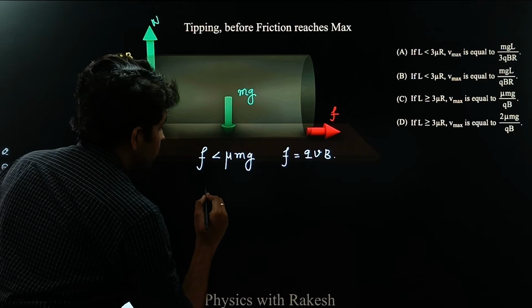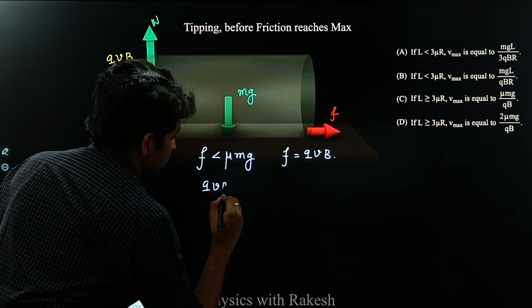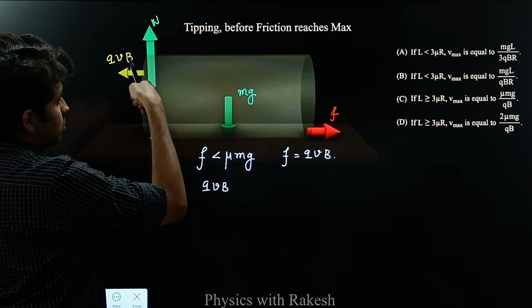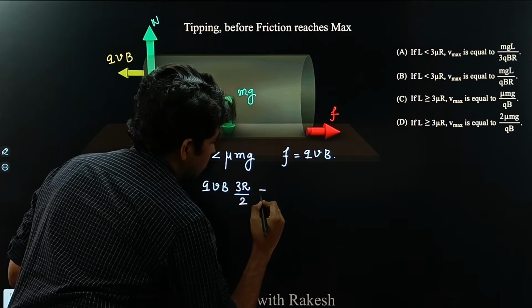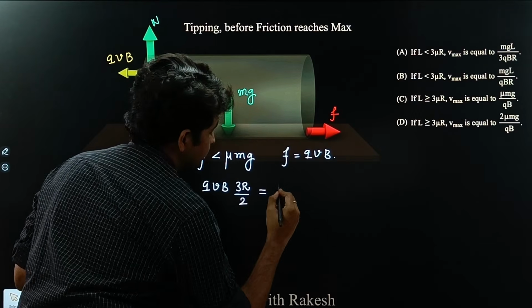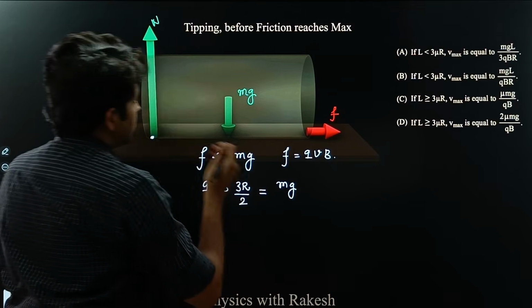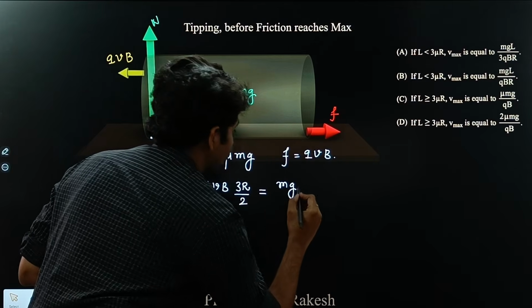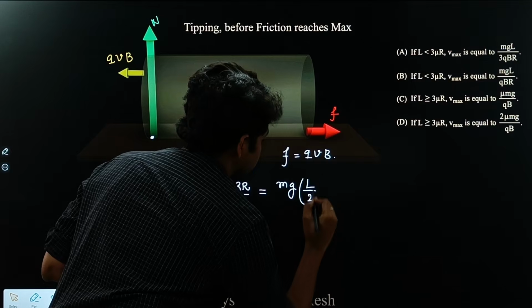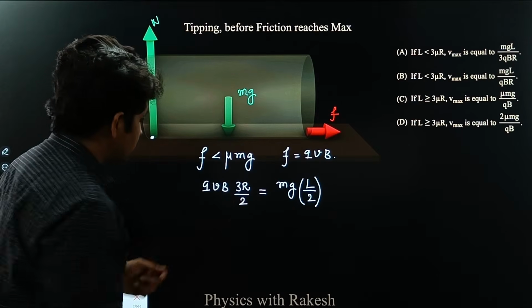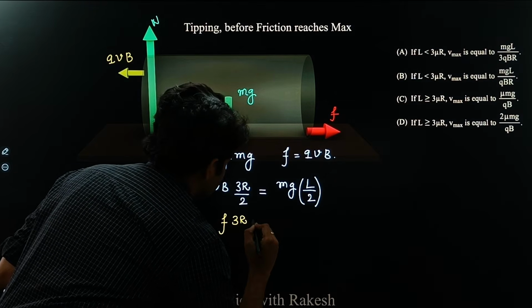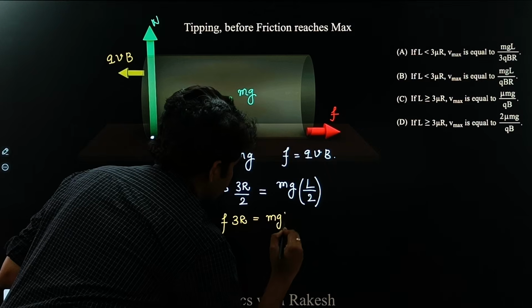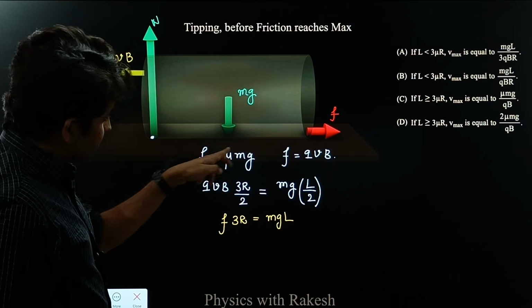So what is the torque due to QVB? QVB into, from here it is r by 2, so from here that is 3r by 2, must be equal to the torque due to mg, which is mg into L by 2, where capital L is the length he has given. So I can substitute this here and just write F into 3R equal to mg into L. This F is lesser than mu mg.